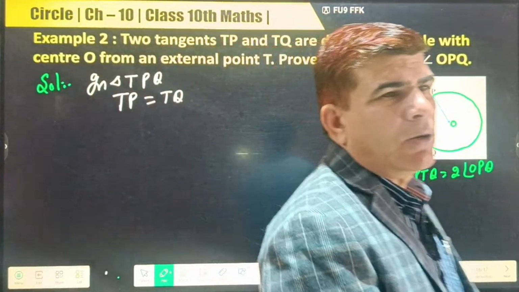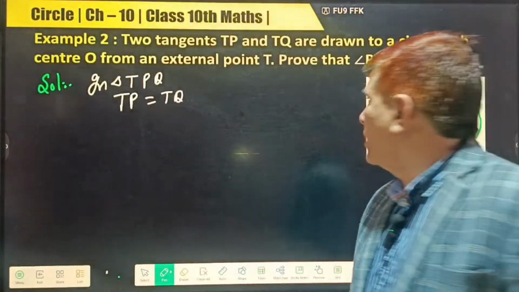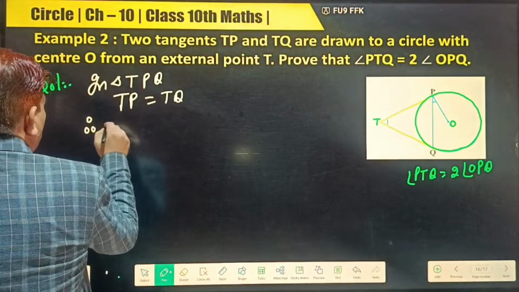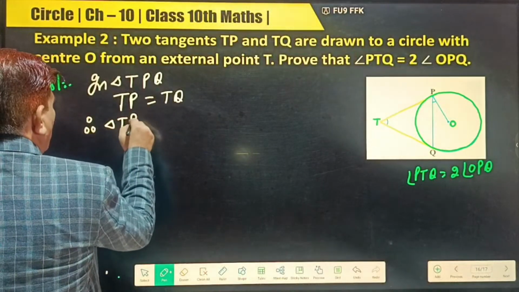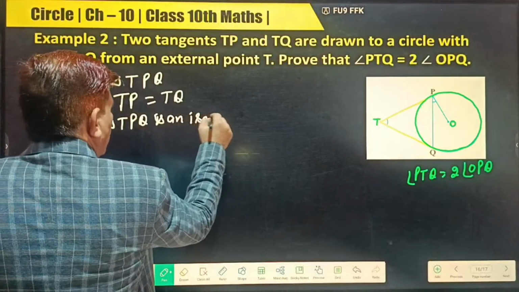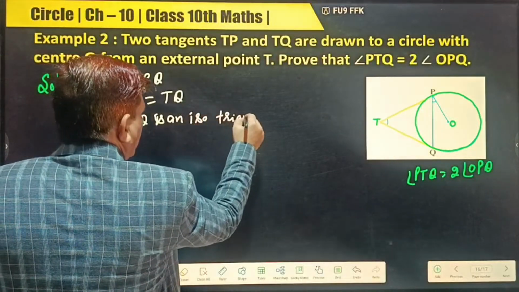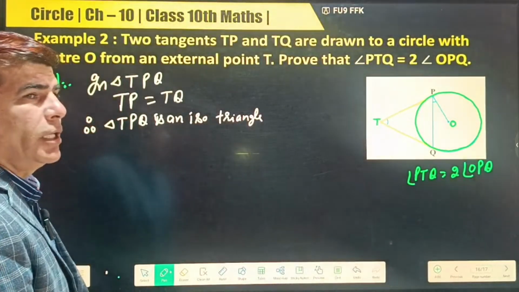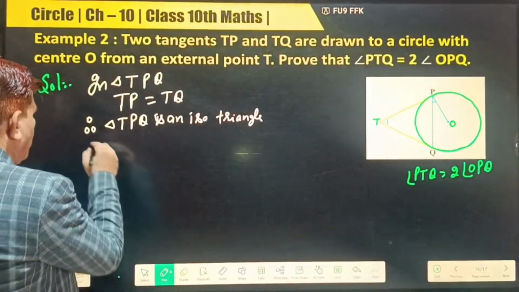The tangents drawn from the external point of a circle are equal. So what can you say? Therefore, triangle TPQ is an isosceles triangle.